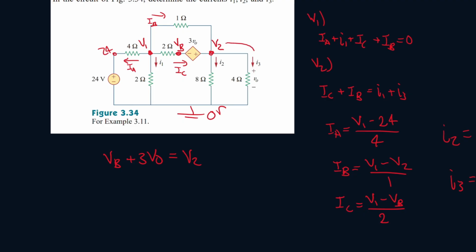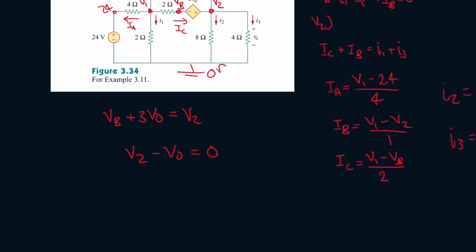So when V2 enters this resistor VO, it's V2 minus VO, because the voltage drops, and it equals 0 volts. So the only way for V2 to equal 0, if it's subtracting by VO, is if VO is also 0. If VO is also V2. So V2 minus VO equals 0.